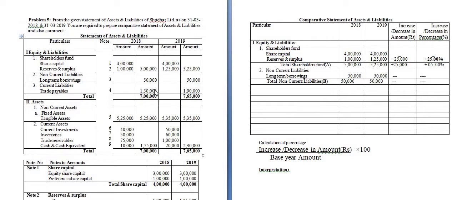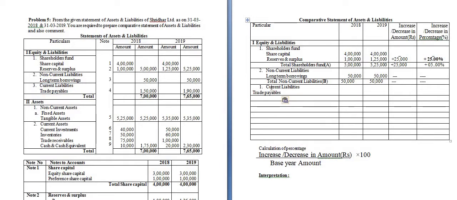After non-current liabilities, the third one is current liabilities. So right here, current liabilities. In current liabilities, we have trade payables.